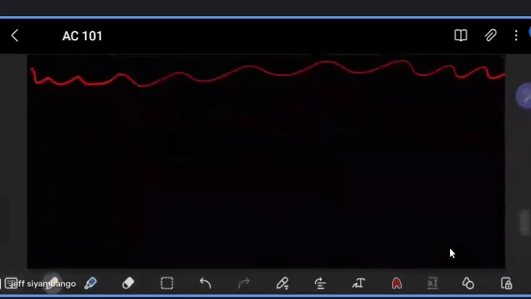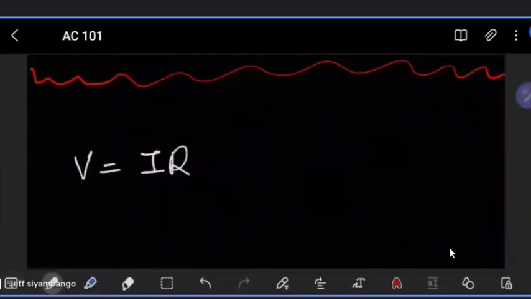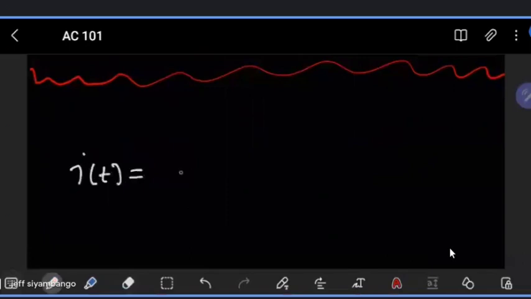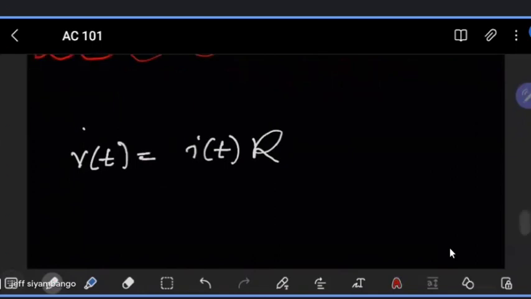Look at this one, Ohm's law. Voltage is equal to IR. Let me start with the time variable: VT is equal to IT times the resistance. So this is what you have, and perhaps this is where we're going. You'll see this very soon. But what if you ended up with this, but in phasor form? Now this is the phasor current, and we have the resistance here.